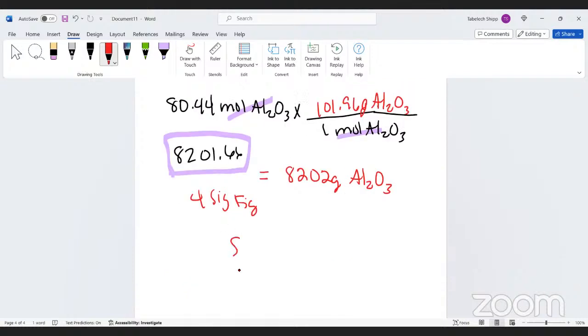If you have 8,202, and I said put the answer in scientific notation, you're going to move your decimal 1, 2, 3 places to the left between the first 2 significant digits, and you get 8.202 times 10 to the third power. And the reason why it's 3 is because you moved it 3 places to the left. Had I moved my decimal to the right, the exponent would have been negative. Okay? It would have been negative.